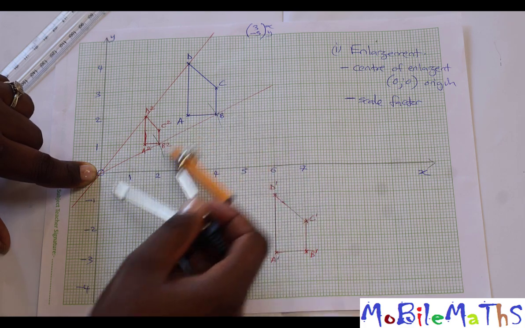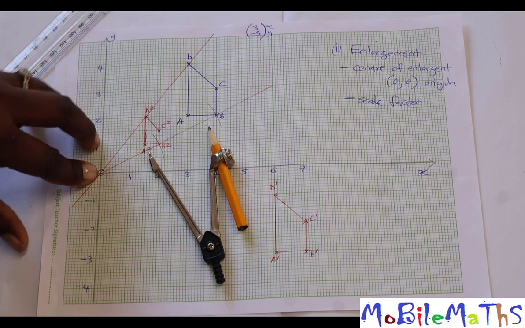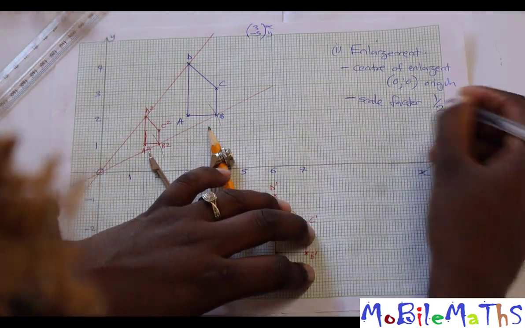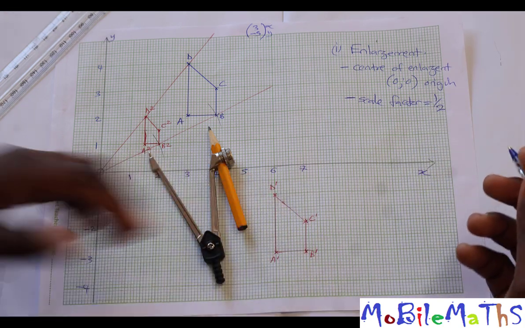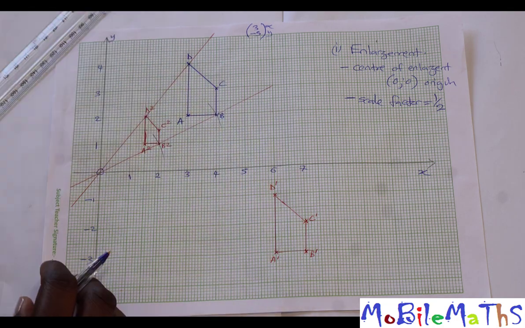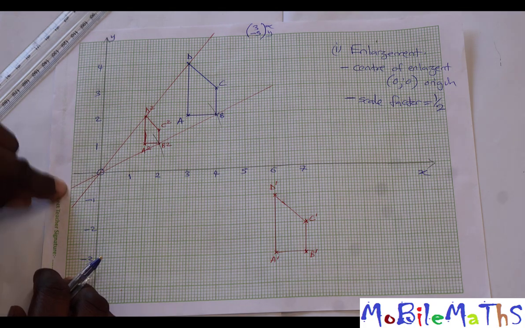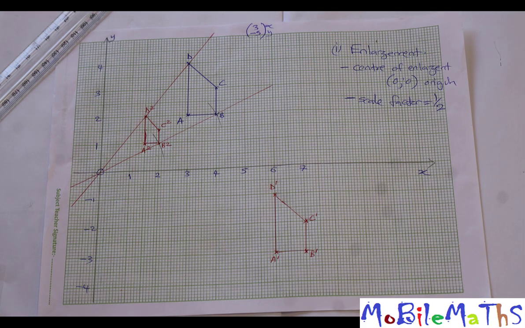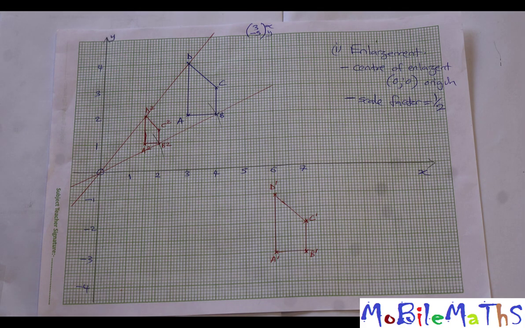So it's like 1/2. So my scale factor is 1/2. And because it's going to be smaller, we are just saying it's half. If it was going to come to the other side, then you put a minus. Okay, fine. Let's move on to the next question.